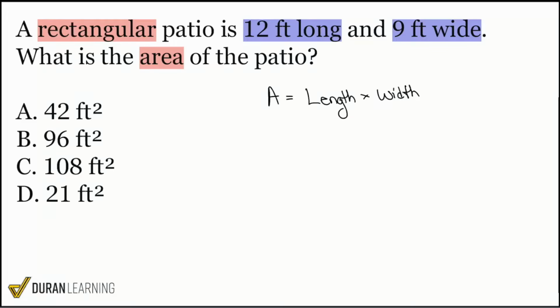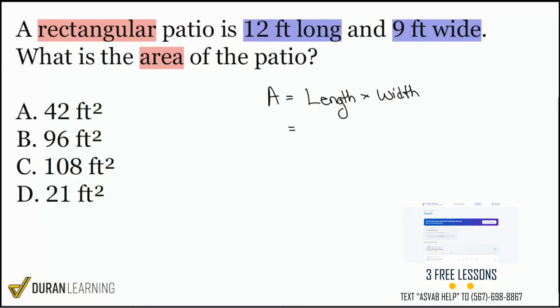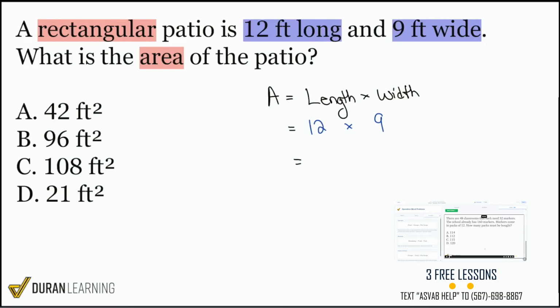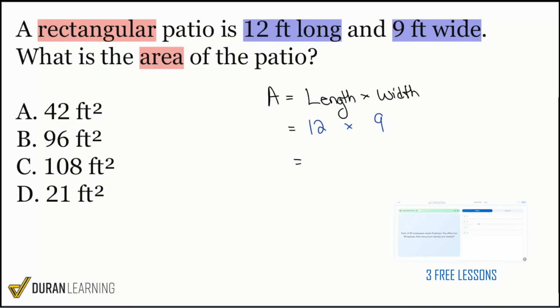So now that we see those 2 things, booyah, we're good. We have the length, we have the width. Let's plug it in, and we are done. 12 for the length, 9 for the width. Multiply those 2 together. 12 multiplied by 9. And what does that give us? That'll be a nice and smooth 108.